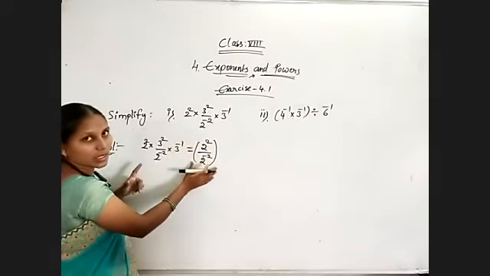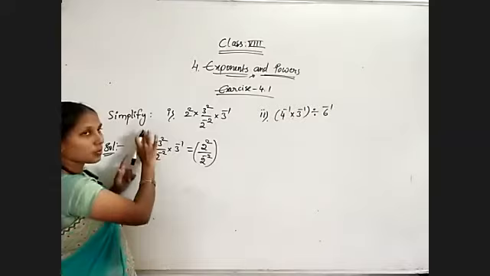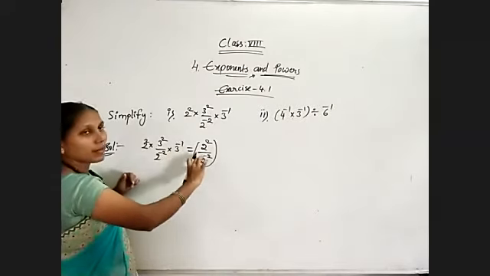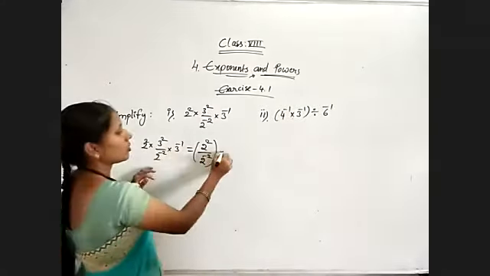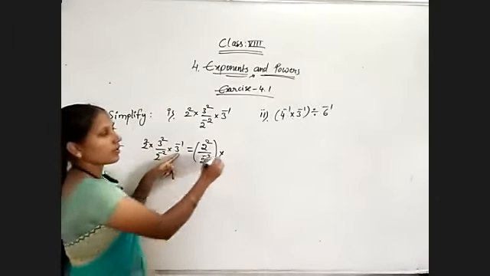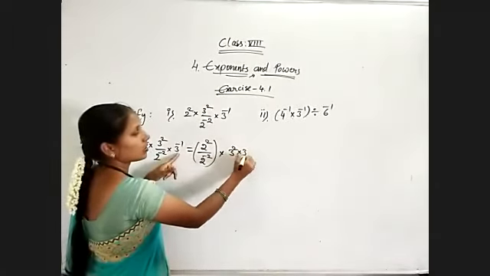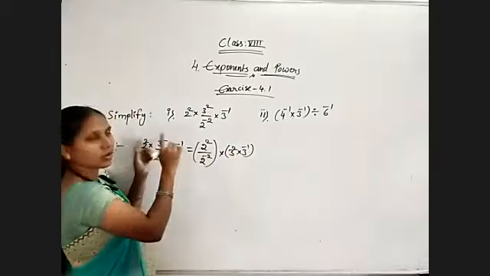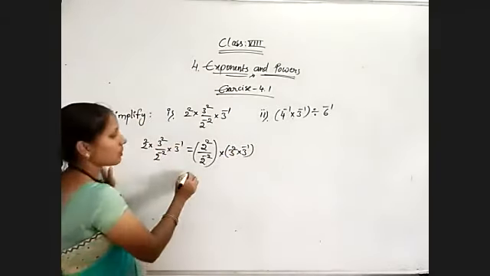Because one is in the numerator and one is in the denominator, it takes the 2 by 2 form. Now 3 square into 3 power minus 1, both are in the numerator only.